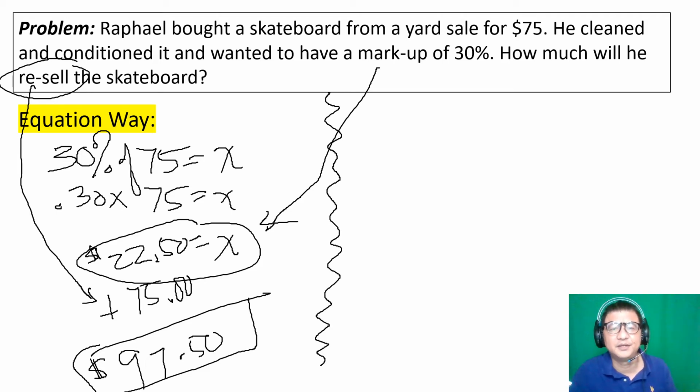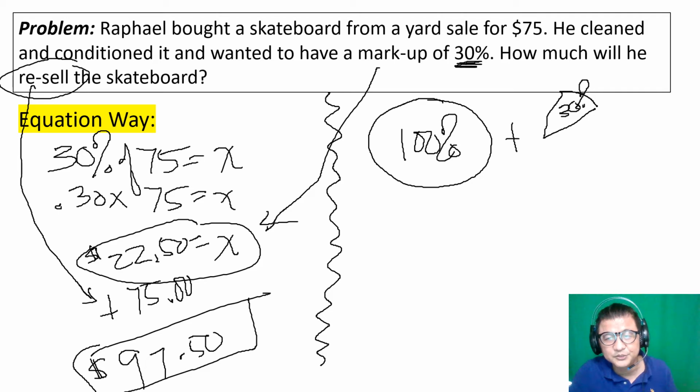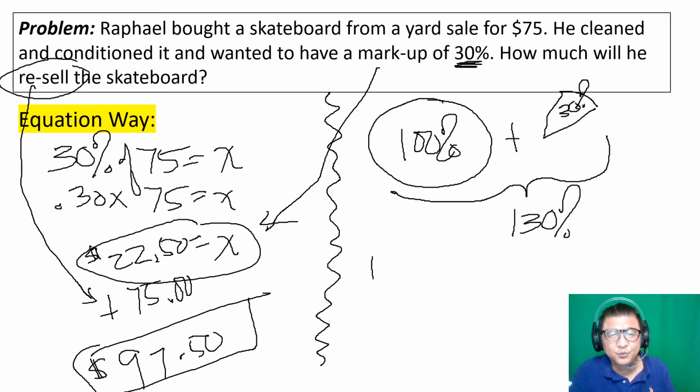But there is a shorter way to do the equation. Okay, so remember, the markup is 30%. That means you will sell the 100% plus additional 30%. So how much percent altogether are you selling? You are selling 130%. So what are you doing? 130% of the 75.